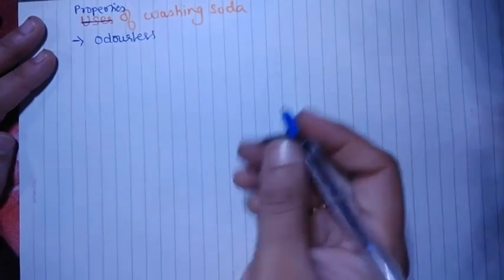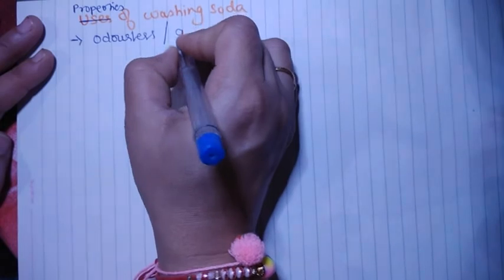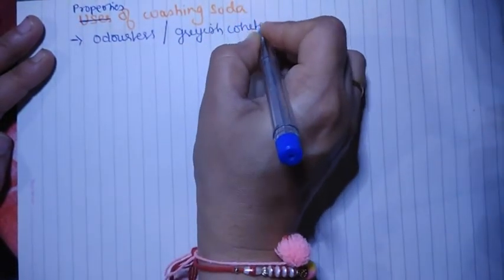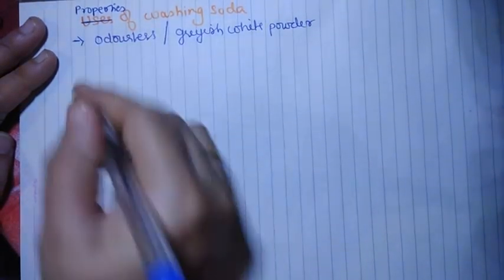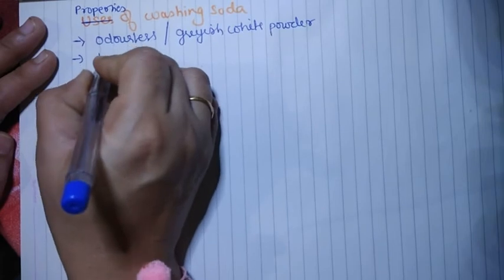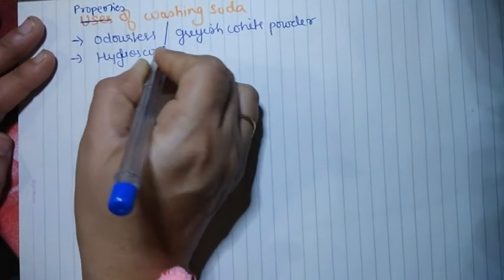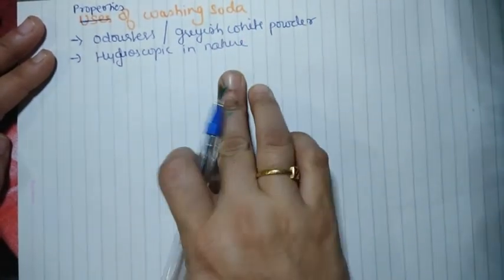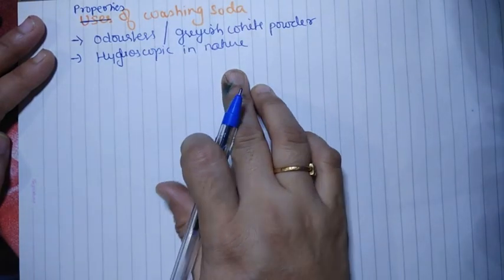It does not have any odor, and it is a grayish white powder. It is also hygroscopic in nature. Therefore, it can absorb water from the atmosphere, just like your NaCl.